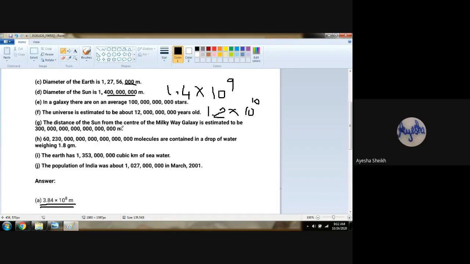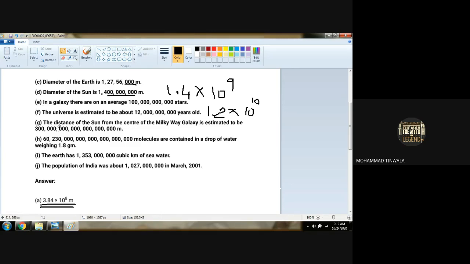The distance of the sun from the center of the Milky Way galaxy is estimated to be 300,000,000,000,000,000 meter.